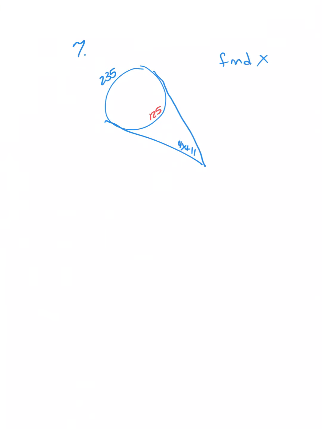So we know the small arc is 125 because 360 minus 235 is 125, okay? Just let your calculator do that work for you. And the rule is the same, it's just going to have some x's in it. So we have 235 minus 125 over 2 equals 4x plus 11.